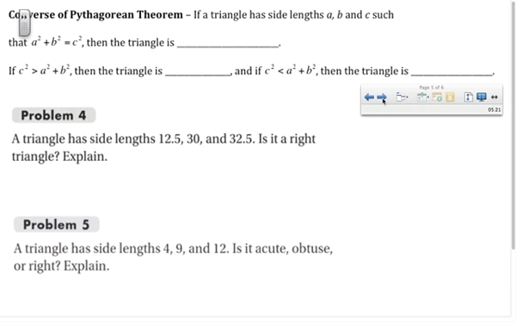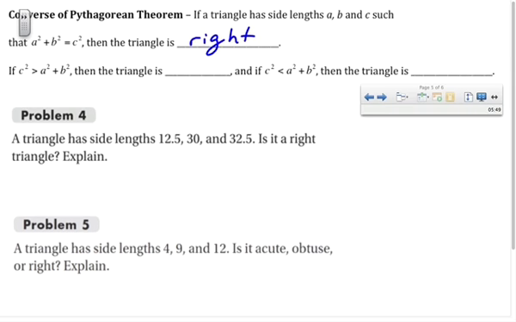The Pythagorean theorem says if right triangle, then a squared plus b squared equals c squared. Strictly, its converse is saying if a squared plus b squared equals c squared, then it's a right triangle. So if a triangle has side lengths a, b, and c such that a squared plus b squared equals c squared, then the triangle is right.